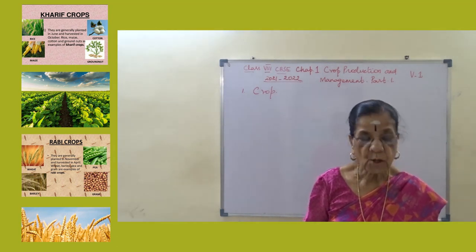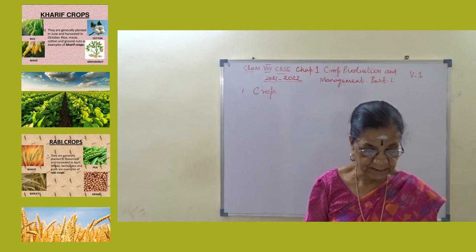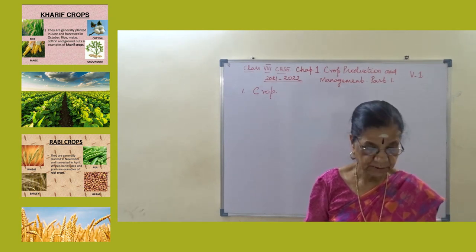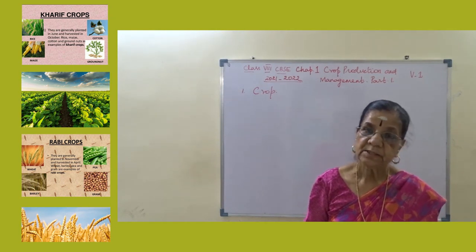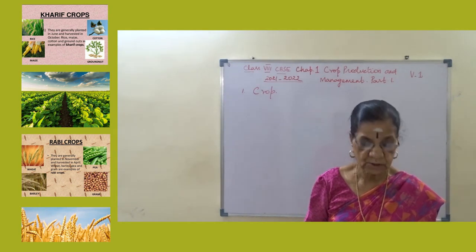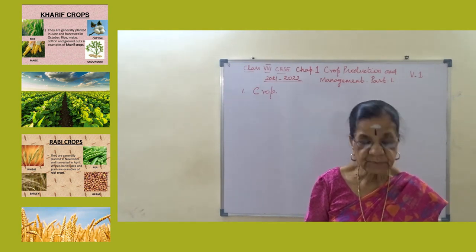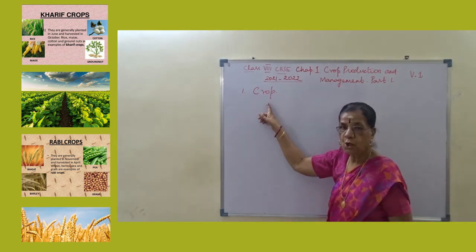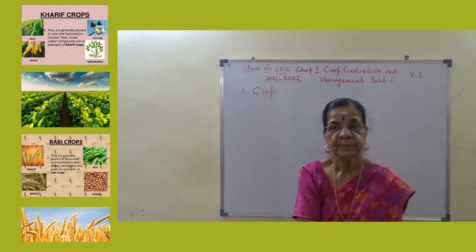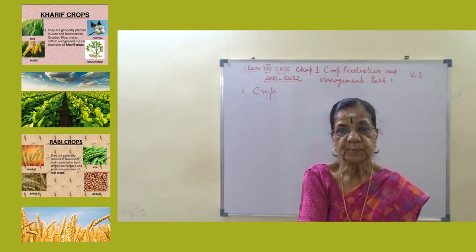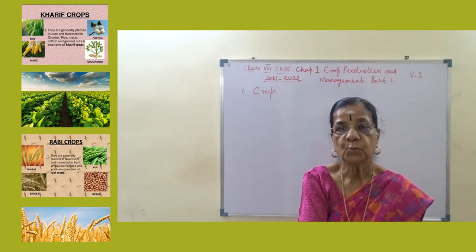Example, a crop of wheat means all the plants grown in the field are of the same type, wheat. In the same way, in a rice field, all the plants are of the same type, rice. Crop, spelling C-R-O-P.